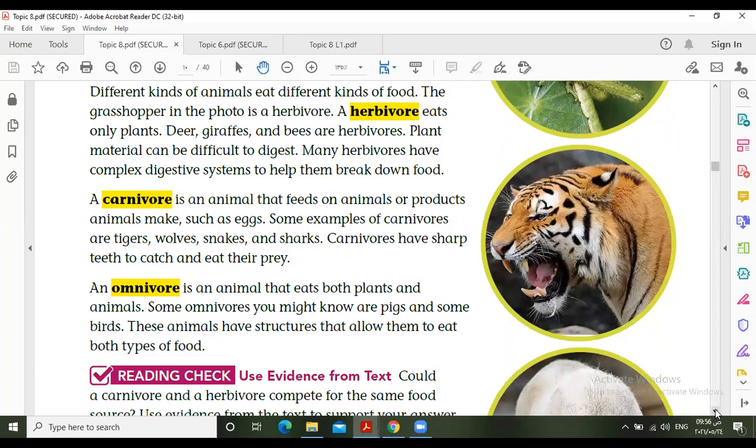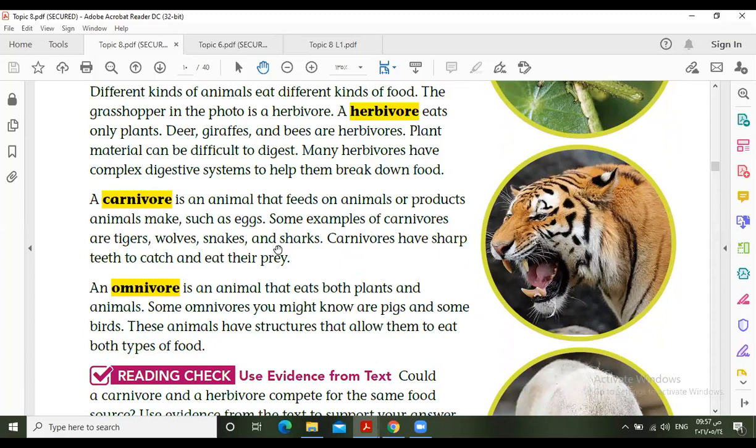Another type of animal, like this tiger, as you see, is called a carnivore. A carnivore is an animal that eats only animals or the products animals make. Many animals are carnivores, like tigers, wolves, snakes, sharks.